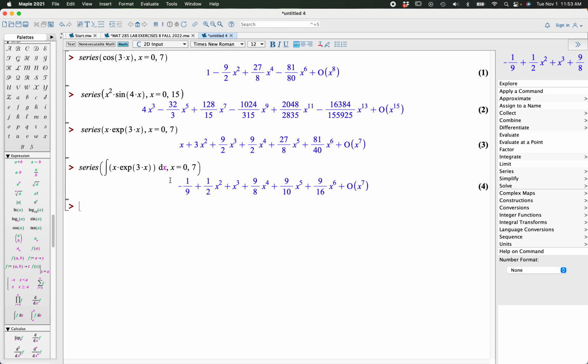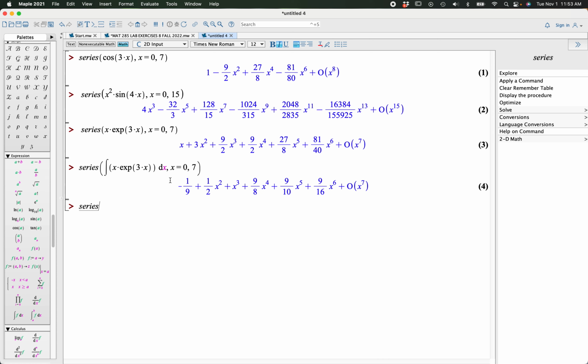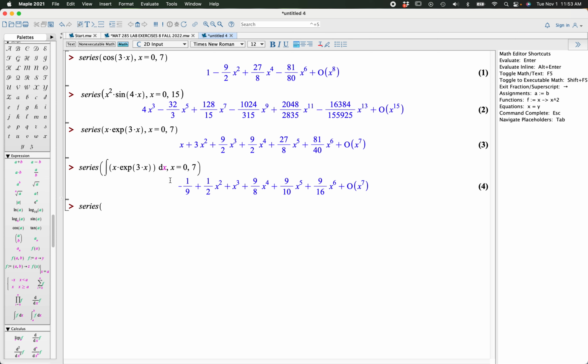And now for the power series expansion, our next problem was the quantity of 1 plus 3x raised to the 5th power, with x going from 0. Let me just give you a case here.